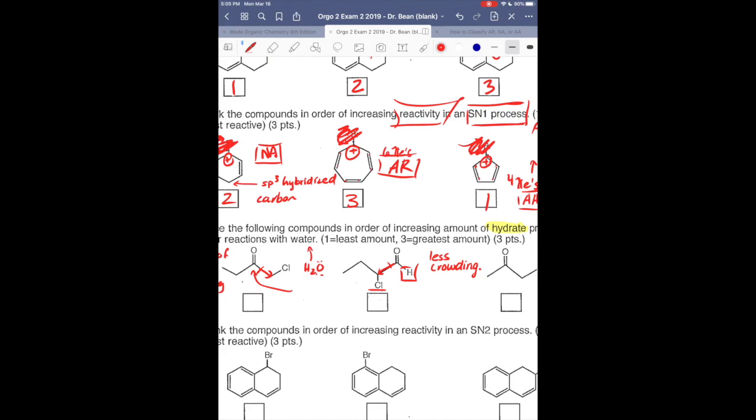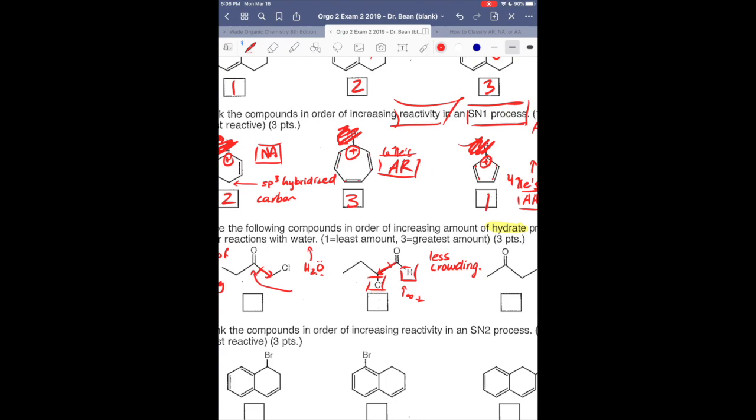So there's less crowding, right? Meaning that this middle carbonyl is going to be the most reactive, right? Because it has this inductive effect at play, which is increasing the partial positive charge, withdrawing electron density, right? So it's increasing the partial positive charge of that carbonyl carbon, and there's also less crowding. Does that make sense?